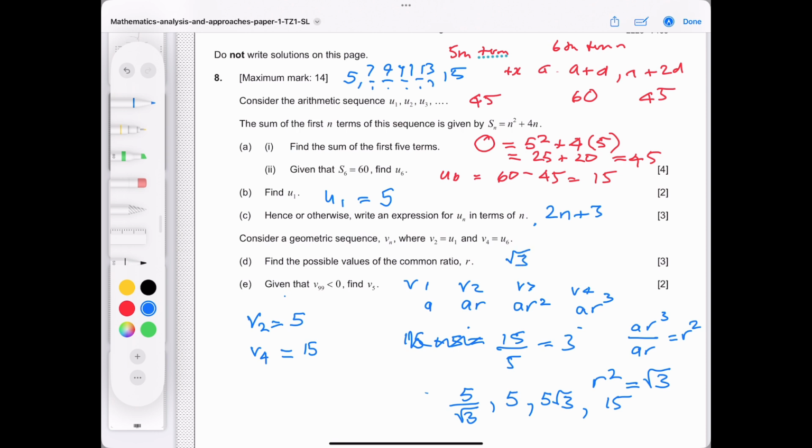But then it says, given that V99 is less than 0, what is V5? Now what I didn't really notice is when you square root something, it's a plus or a minus. So R could be plus or minus root 3, and it means it is a minus. So literally it would have been 5 divided by minus root 3.